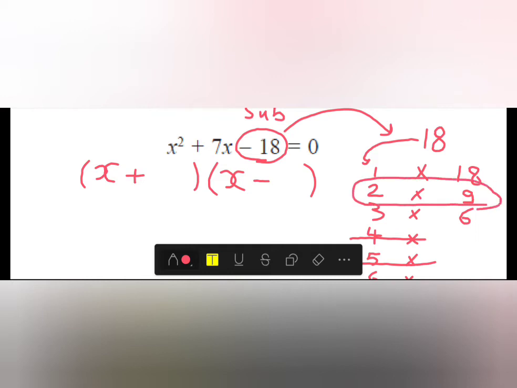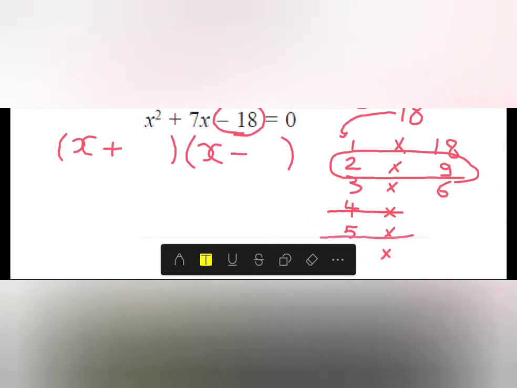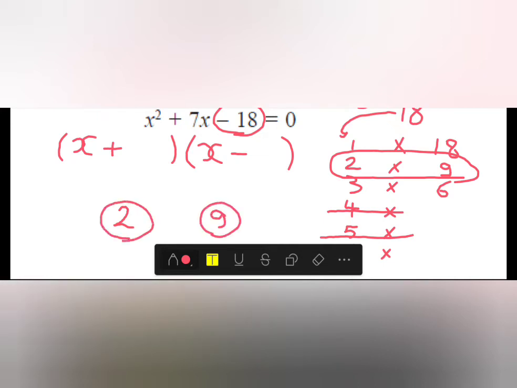Now, I have number 2 and number 9, and I want to use them here. I need to know which place I put the 2 and which place I put the 9. Now, the puzzle says if you subtract them, you will get a positive 7. So the answer is positive. When you subtract two numbers from each other, you will take the sign of the bigger number.